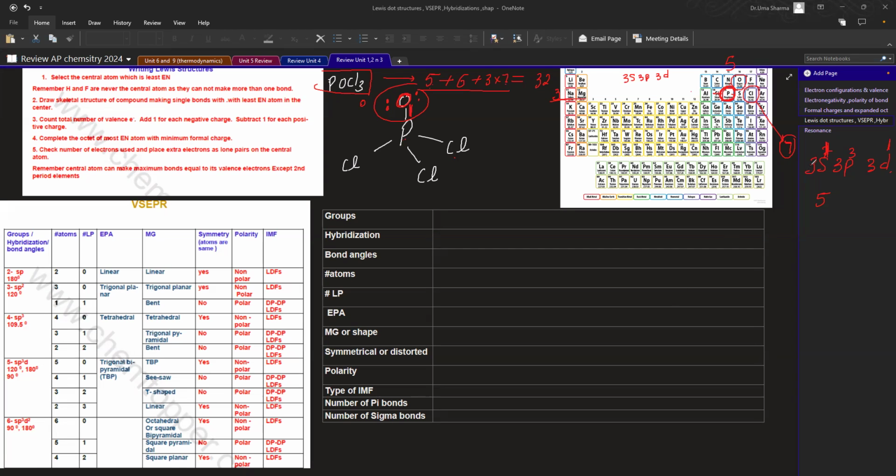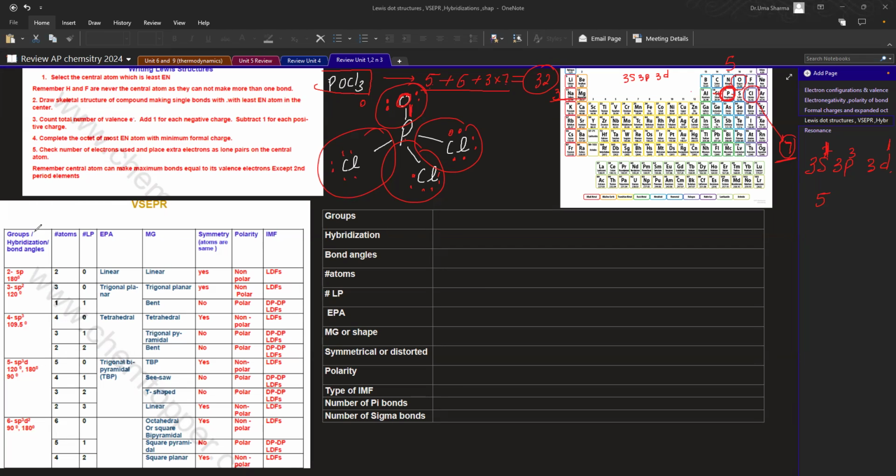So chlorine needs only 1 more, so it's going to make only 1 bond. Right? How many electrons have I used? Check. 8 here, 8 here, 8 here, 8 here. All 32 are used up.